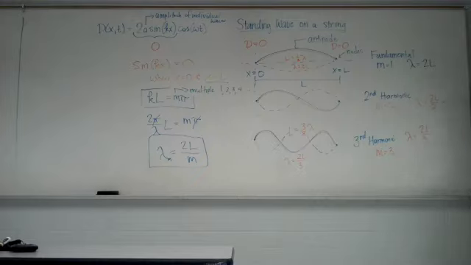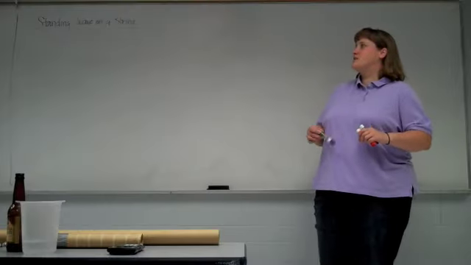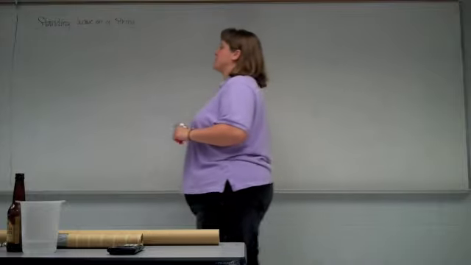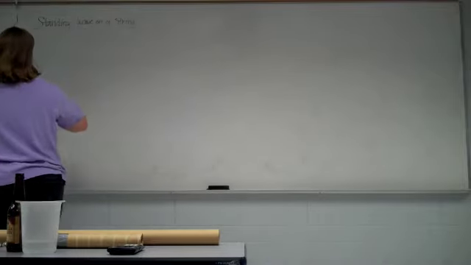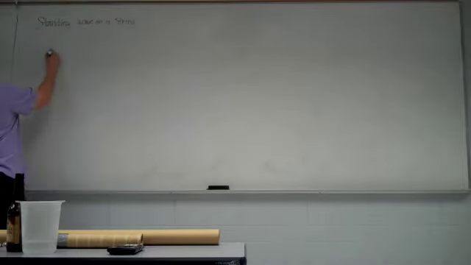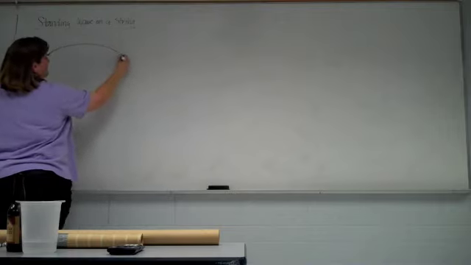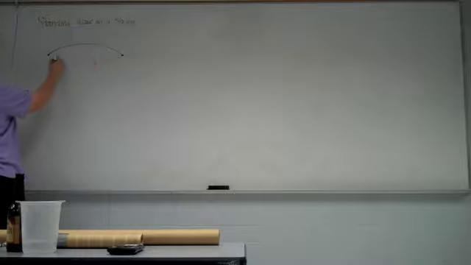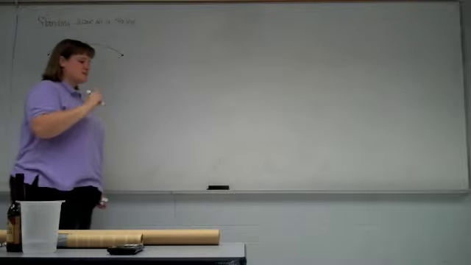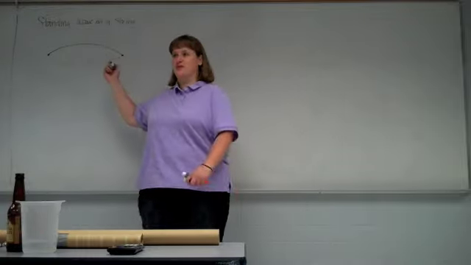Okay? So we started talking about standing waves on a string at the end of class yesterday. Just as a quick little review, a standing wave on a string is when you get the antinode and the nodes. The simplest pattern here looks like you're jumping rope.